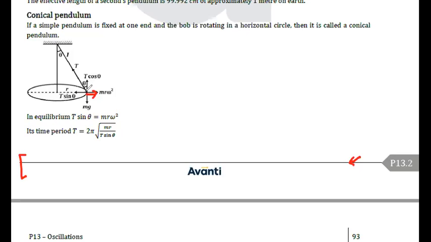Since it has a tendency to go toward the center, the restoring force will be because of this, which is equal to mv square by r, or m r omega square. So if you compare this, you can get the time period. Yes or no? Tell me yes or no.